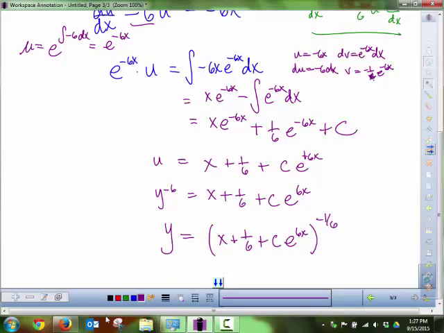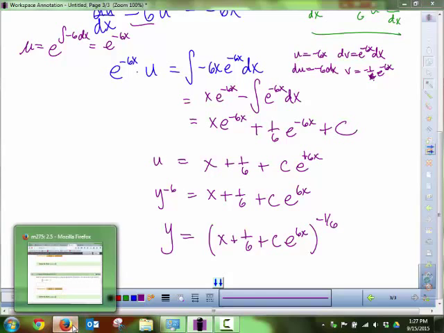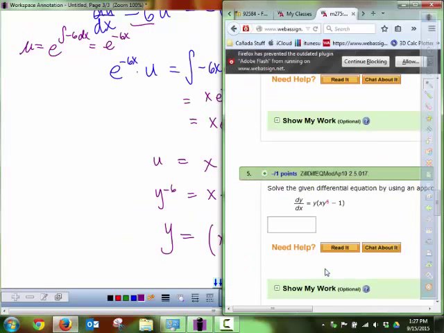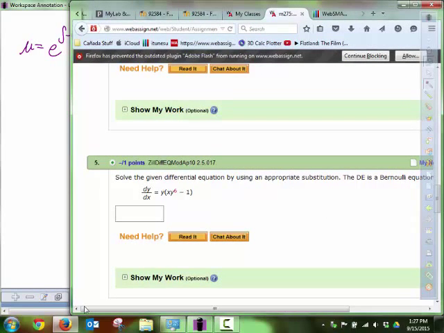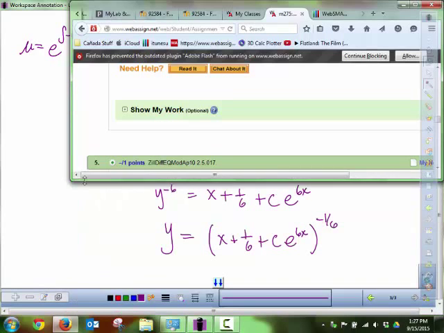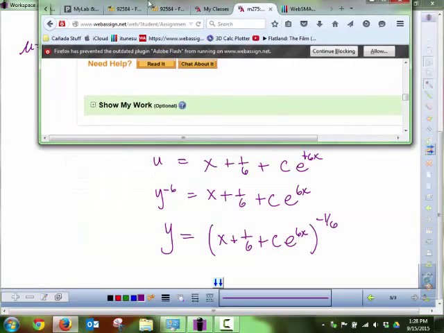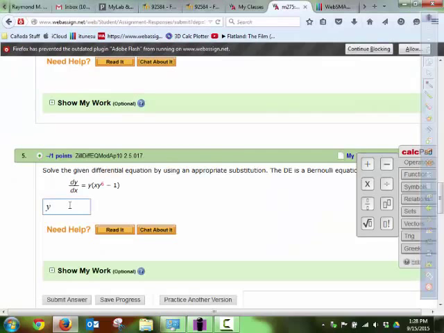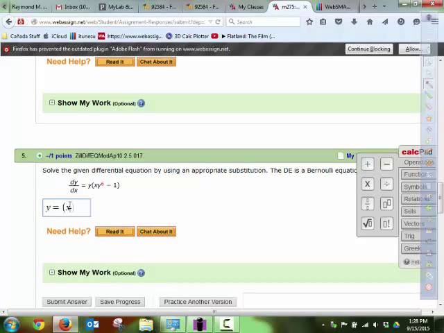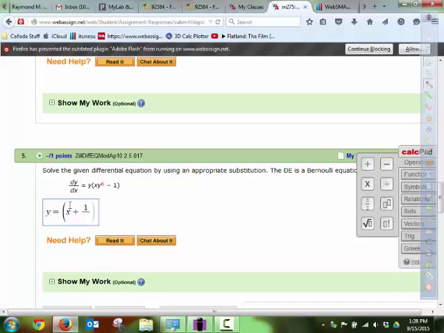Check the answer. All right. Oh boy. y equals big parentheses x plus 1/6.